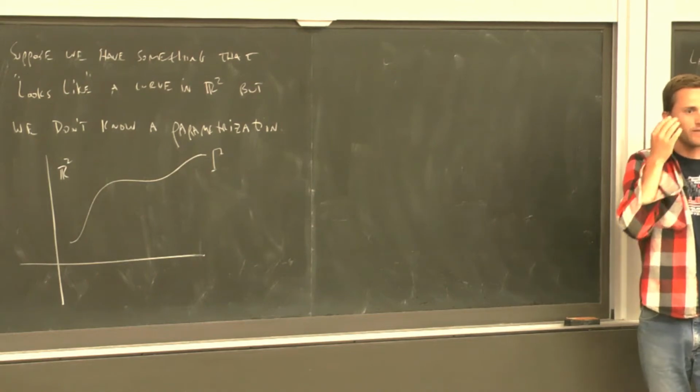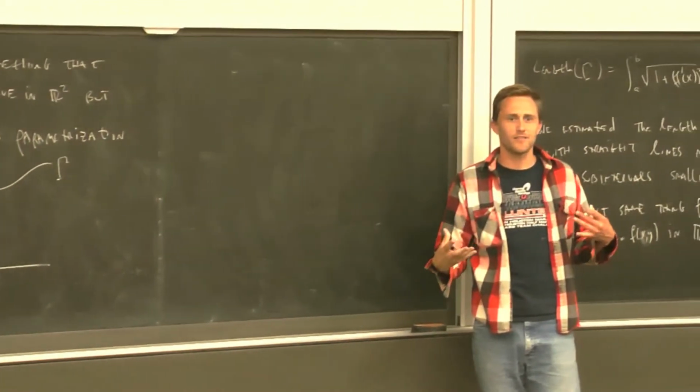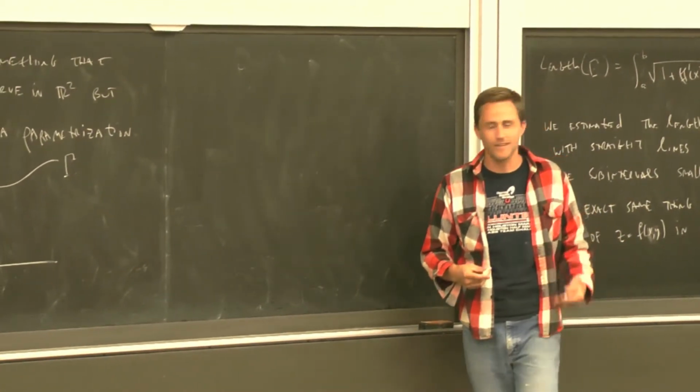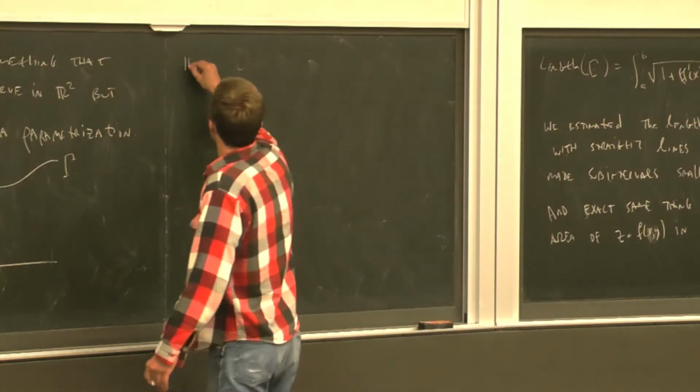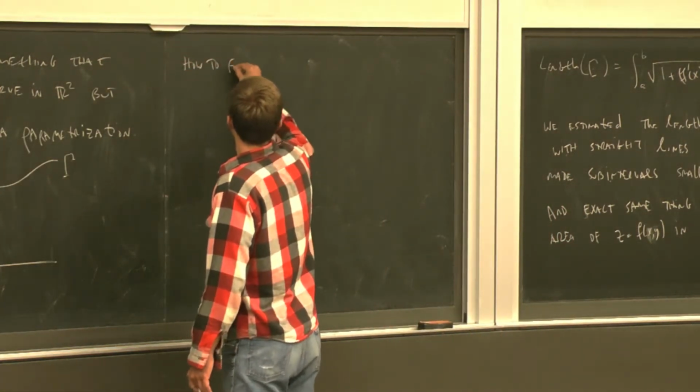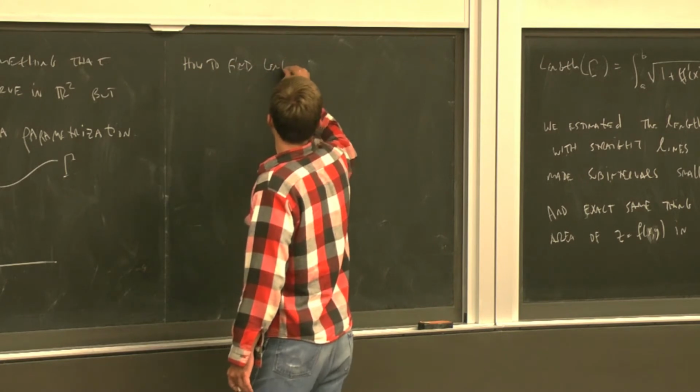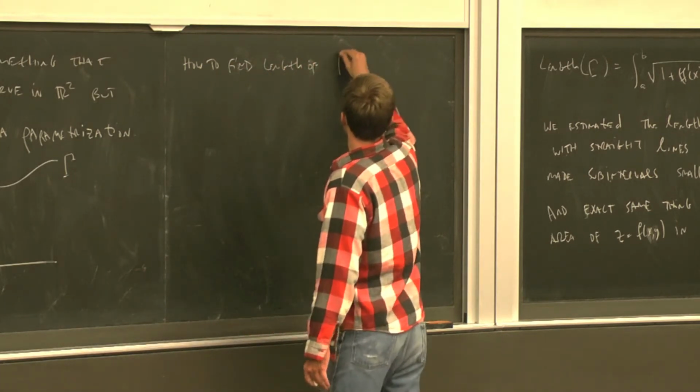So what's the problem? We have to think about how we would find the length of this line. How would we find the length of gamma?